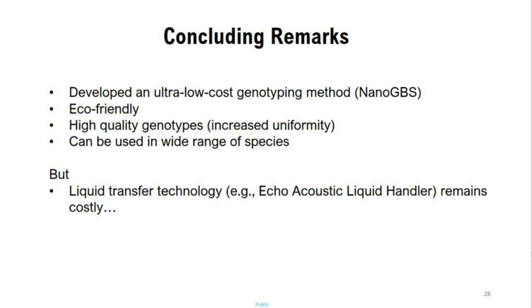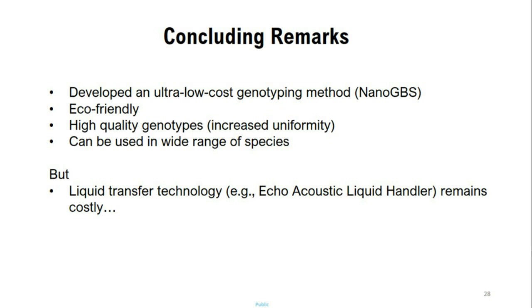Most importantly, with the reduction in the volumes, we still got high-quality genotypes. We even increased the uniformity of the genotypes and decreased the missing data. And this protocol can be used in any species, for library preparation or any different NGS library preparation.